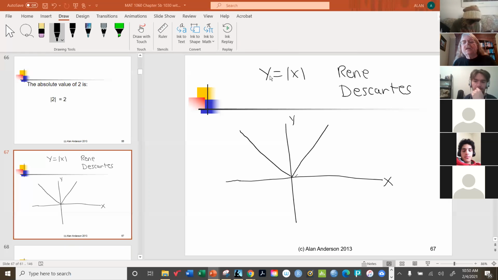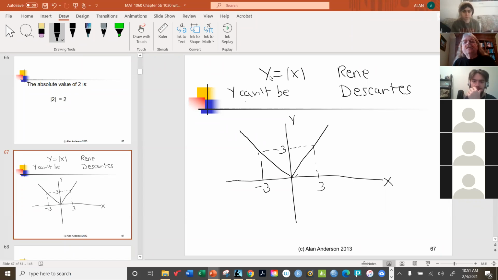Because if x equals 3, y equals 3. But if x equals -3, y also equals 3. So that's why it has this shape. And if you notice too, y can't be negative. That's why there's nothing going on below the horizontal axis.